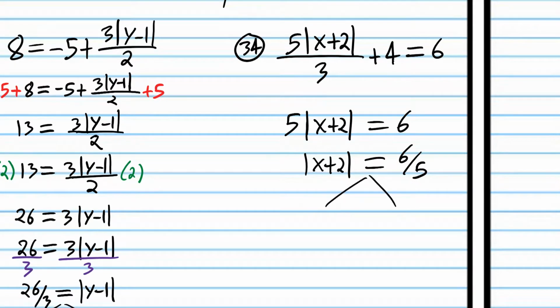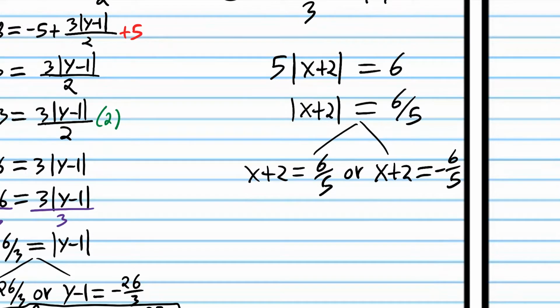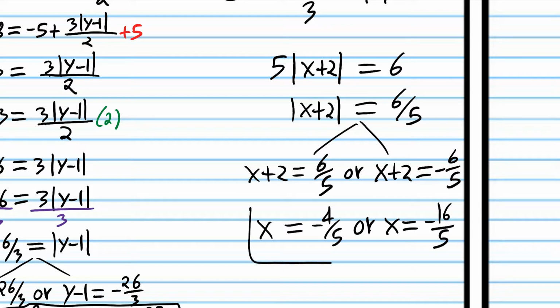And then we just separate. So x plus 2 can be positive 6 over 5, or x plus 2 can be negative 6 over 5. And we just subtract 2 from both sides over here, and we get negative 4/5. And we subtract 2 over here, and we get negative 16 over 5. So if you got those solutions, good job.